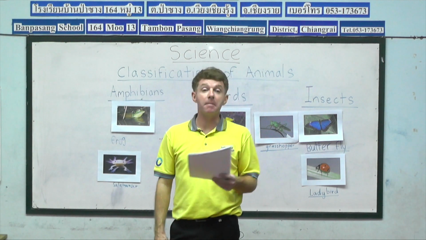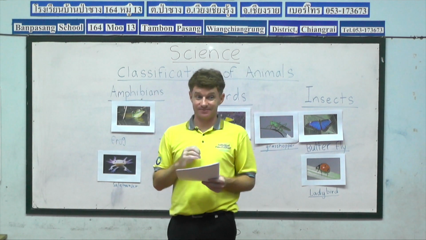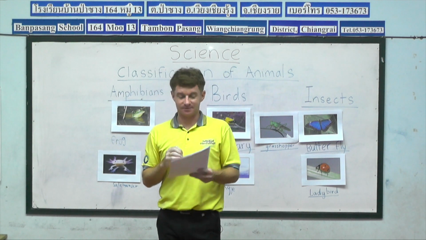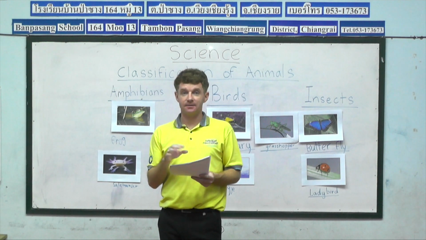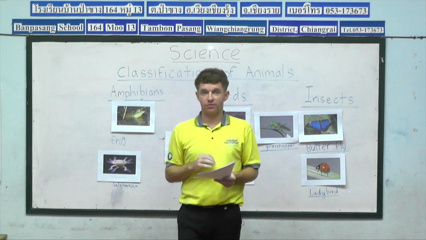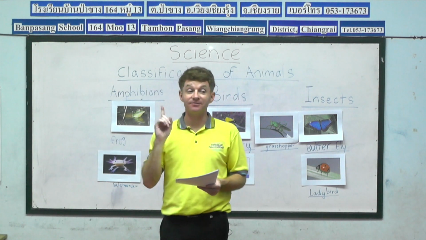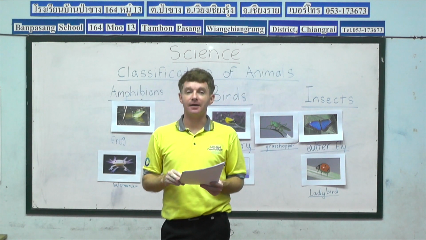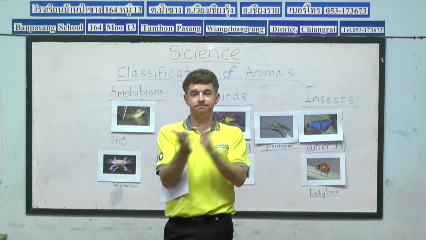Insects make up over half of all living things. Yes. Insects can live in any environment on Earth. And finally, insects have at least 6 legs, and most can fly. Guys, that was excellent. Very well done.